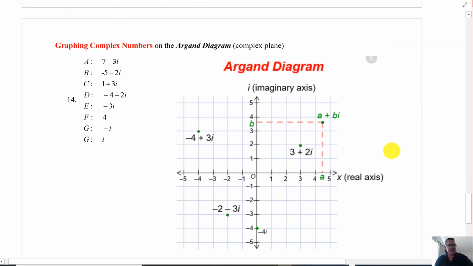Now the last thing I want to talk to you about is how to graph complex numbers using what's called the Argand diagram. This is the guy who came up with this, Mr. Argand.